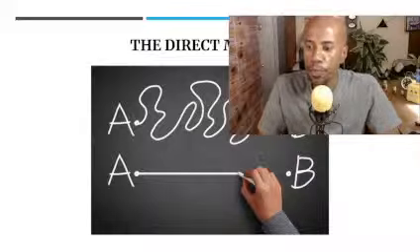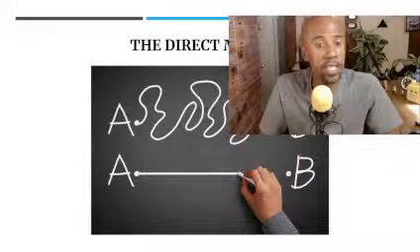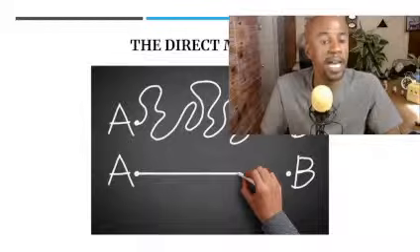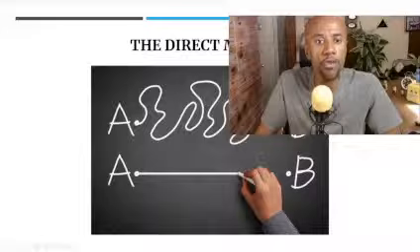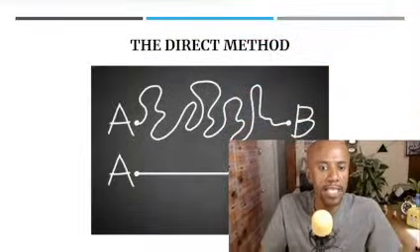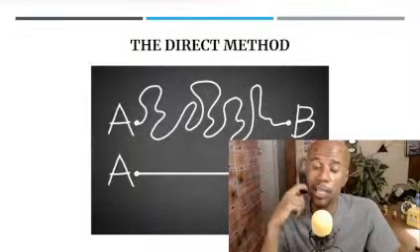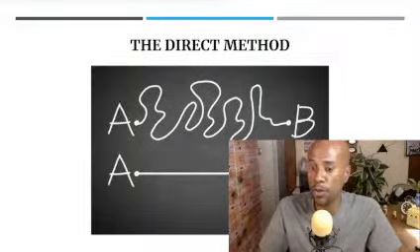So the direct method, by the end of the 19th century and the beginning of the 20th century, started to become some kind of an alternative to the grammar translation method, which was by that time very popular and which is still used, by the way, until now, and has many enthusiasts all over the world.